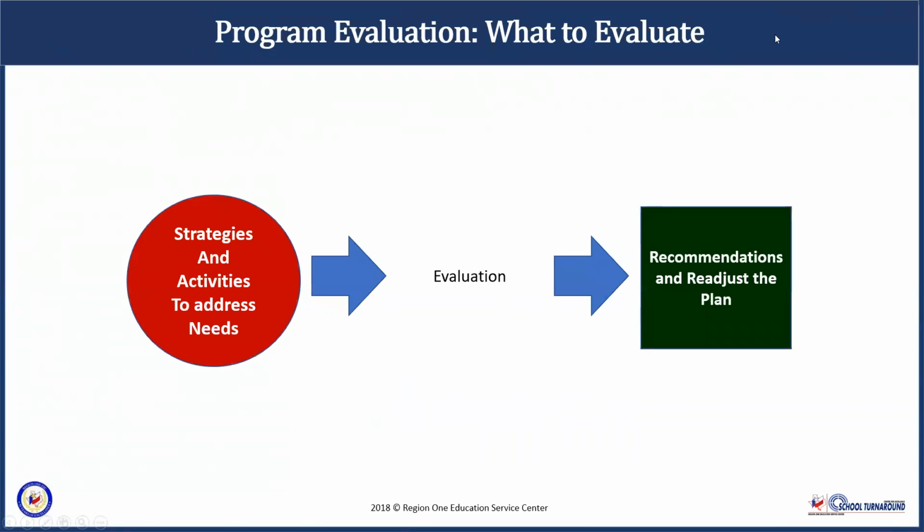All right, so with a program evaluation, what you're really looking at when you get into program evaluation, you're not looking at it from a fiscal perspective or looking at it as an audit or a document review or anything like that. With evaluation, essentially what you have is you're taking a look at all of your strategies and your activities that you listed out in either your campus improvement plan or your district improvement plan.